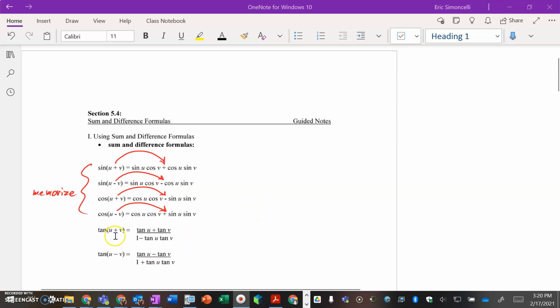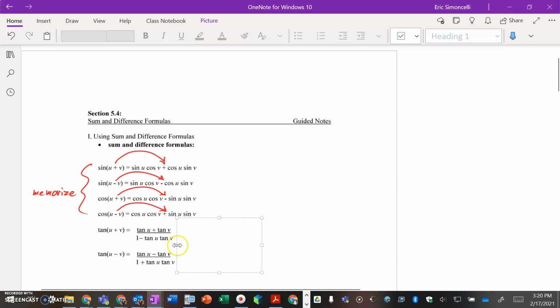So the tangent of u plus v and the tangent of u minus v works as follows. Tangent of u plus tangent of v over 1 minus tangent of u times tangent of v. And then with the subtraction of the angles u minus v, it's tangent of u minus tangent of v over 1 plus tangent u tangent v.